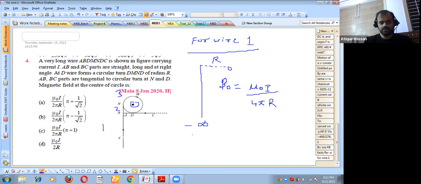Now we will see wire 2. Similar is the case for wire 2.